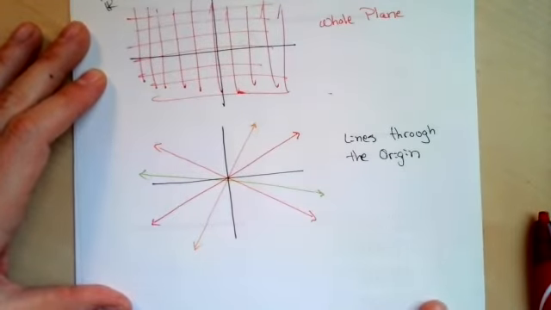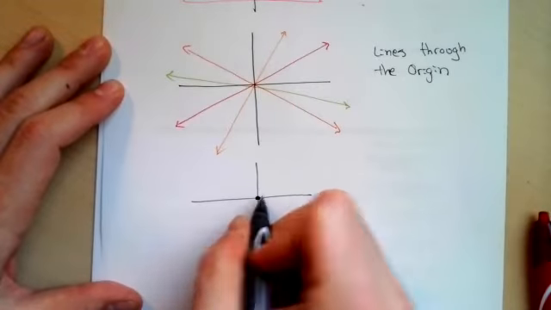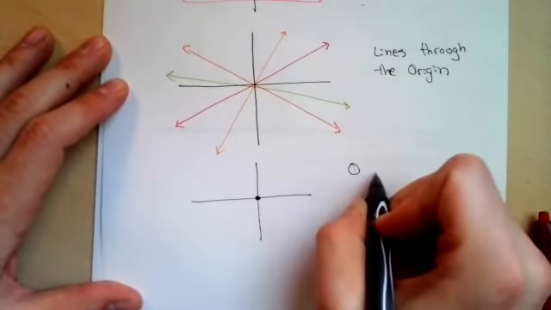Lines through the origin. And then the last option is the 0 vector space.